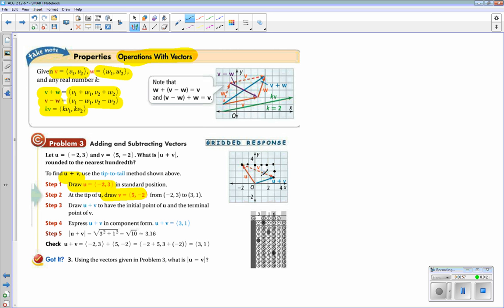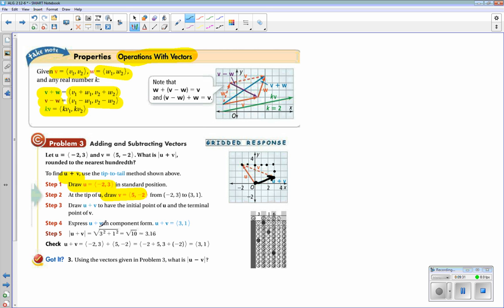And then the 2 together is this dashed vector right there. So draw u plus v to have the initial point of u and the terminal point of v. Express u plus v in component form. So if you look, start back at the origin and end where v ended up, and you have 3, 1.